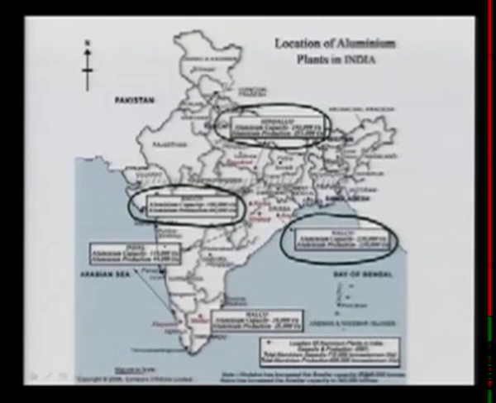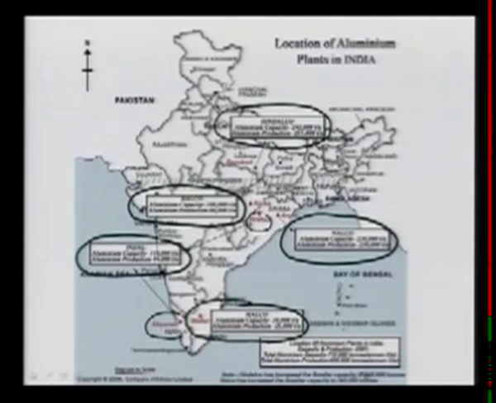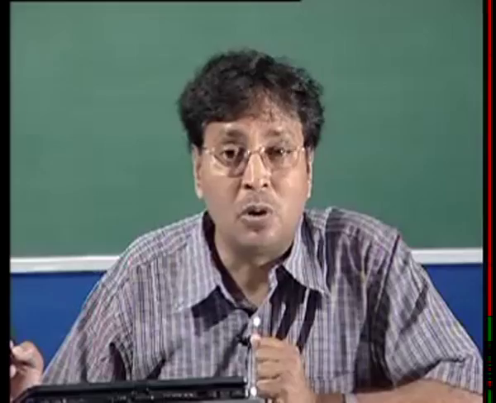Then we have the other plants under the name Indal, as you see here. Part of it is in Hirakud, and another unit is in Kerala. There is also a small plant, the Madras Aluminium Company, in Tamil Nadu. But India by and large is self-sufficient in aluminium production. In fact, part of the alumina we also export to different countries.